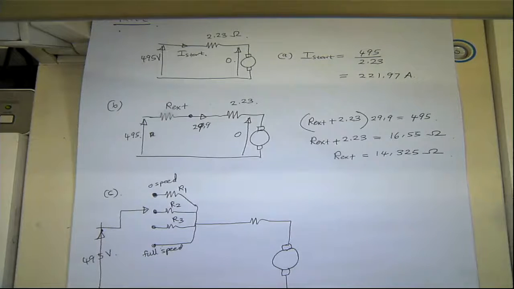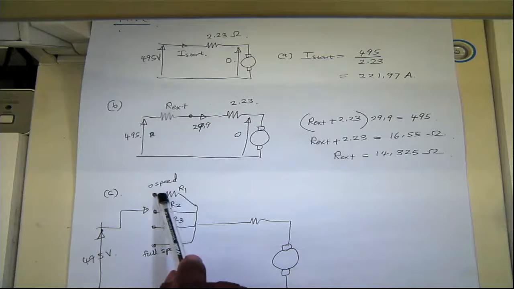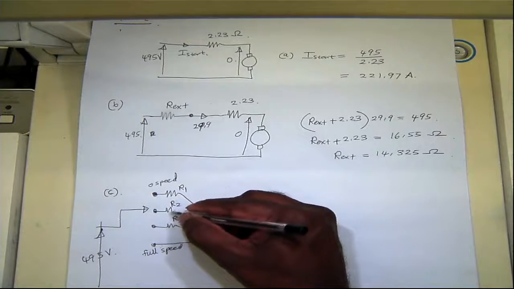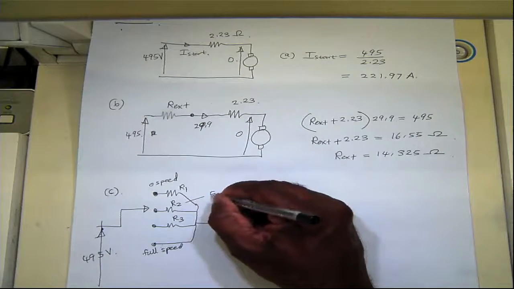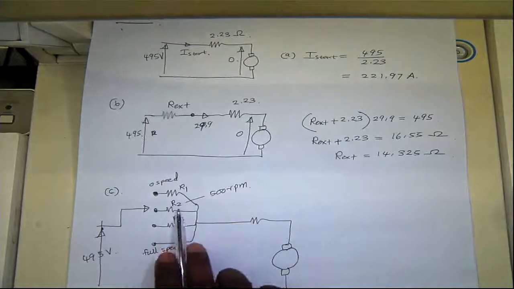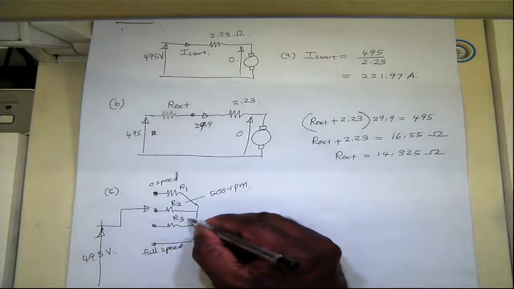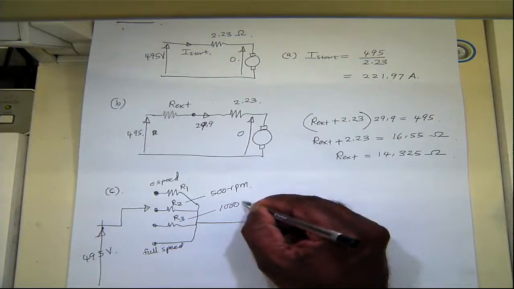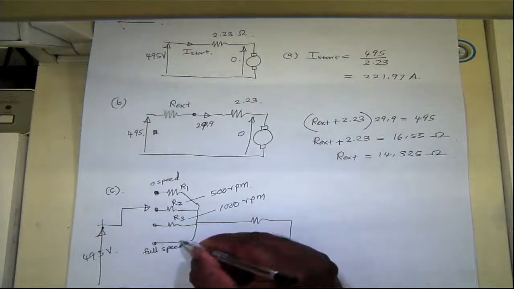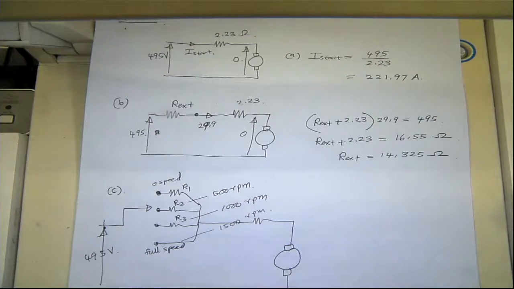So at 0 speed you have this high resistance, and then you switch onto this particular resistance when it's at 500 RPM, sized such that the current is at rated value, and then at 1000 RPM you switch onto this resistance, and when it's at 1500 RPM it switches onto this other resistance.